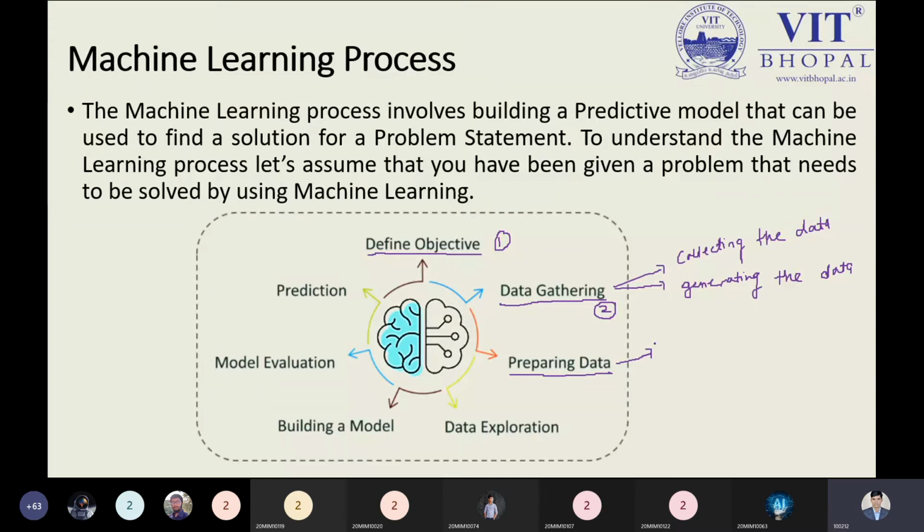I have some data with missing values. So we can say preparing data means I'm cleaning data for missing values. I will not consider those data which have missing values.